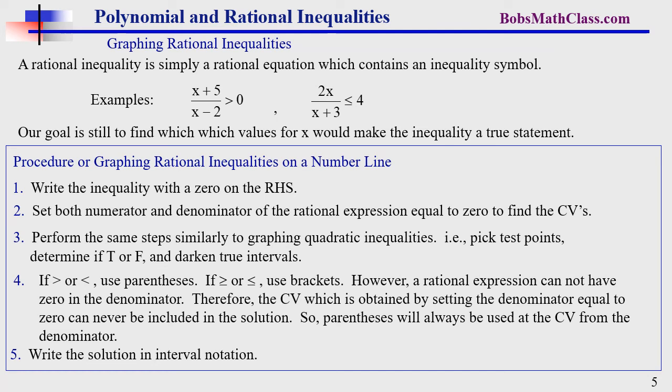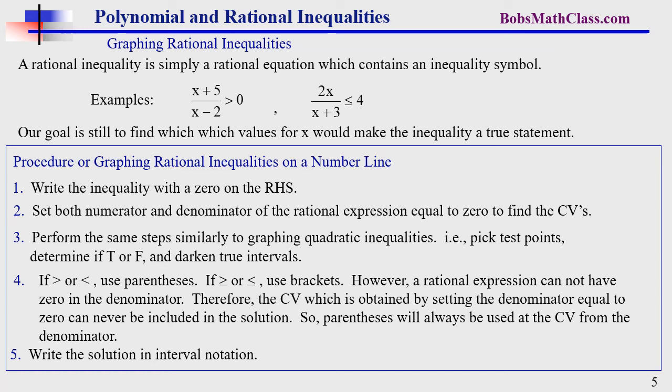Okay, this is a big but though. However, a rational expression cannot have 0 in the denominator. Therefore, the critical value which is obtained by setting the denominator equal to 0 can never be included in the solution. So parentheses will always be used at the critical value from the denominator. Okay, I know that's a lot.